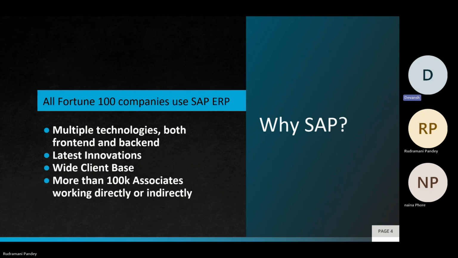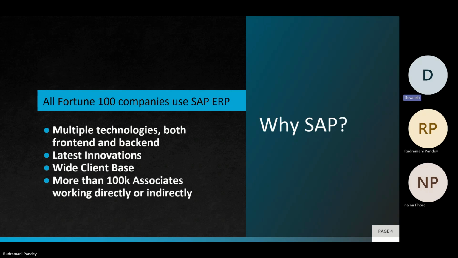Because such big companies are using SAP ERP, the ABAPer roles and the Fiori developer roles and the opportunities keep on coming as the global market changes, and new taxes and new technologies come.